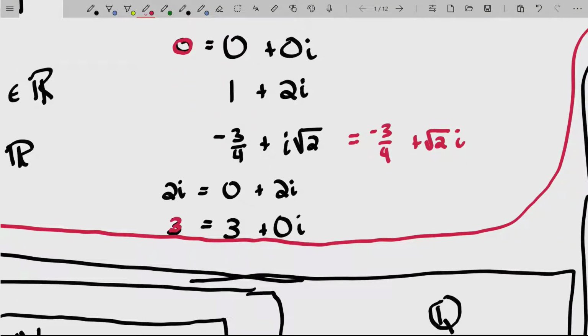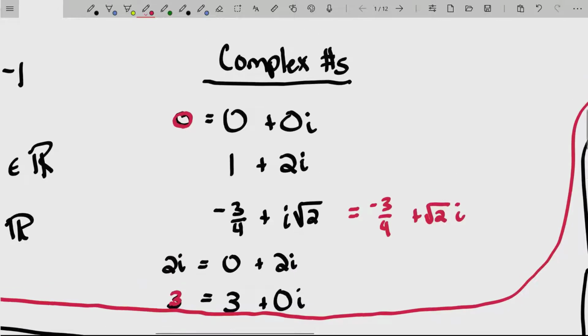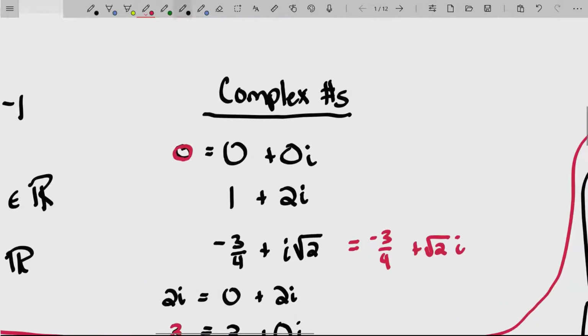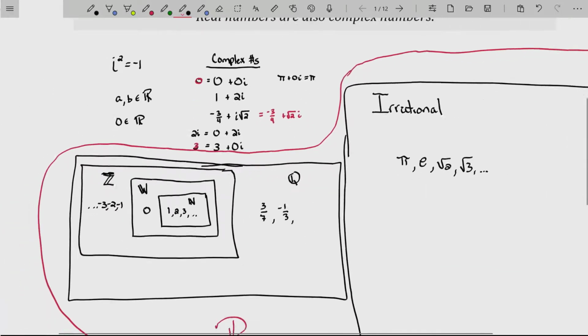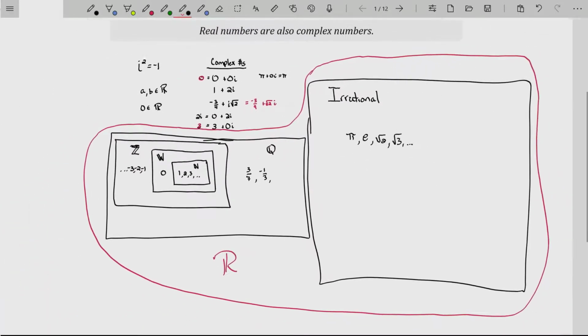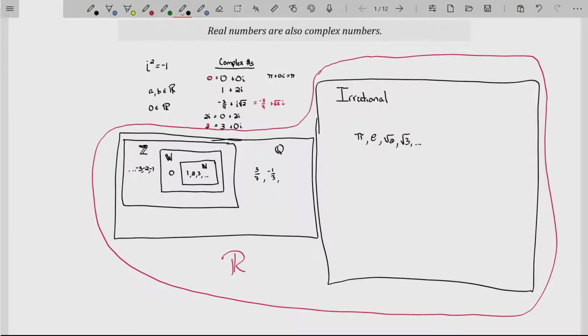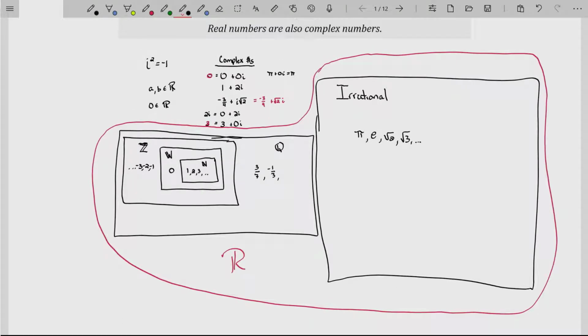It will also contain numbers like pi, because pi is a real number, so another complex number would be pi plus 0i. So therefore, pi is also considered a complex number. In fact, all this big old suitcase of real numbers are also considered complex numbers. However, there's yet a larger group, and that is all the complex numbers with non-zero imaginary parts.